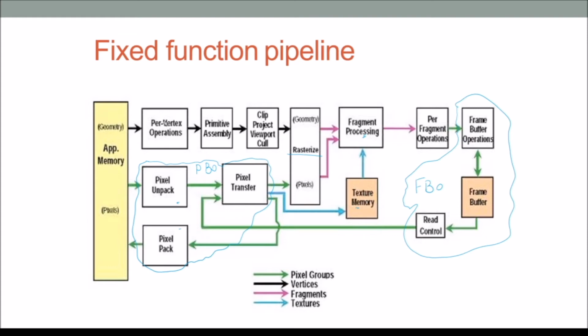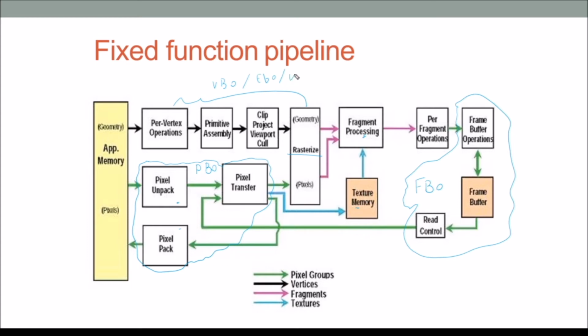So the vertex operations from here to here, which is what we do, actually, yeah, up to here we do it as a VBO part, right? So we learned about VBOs, we learned about EBOs, right? All these we learned already, right?